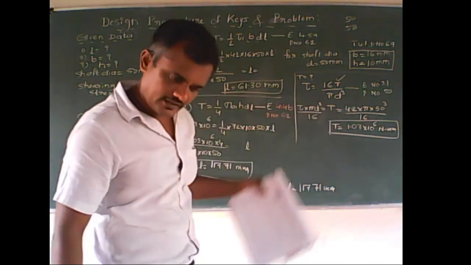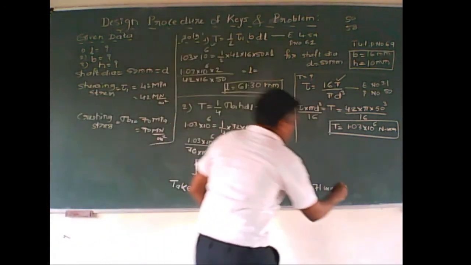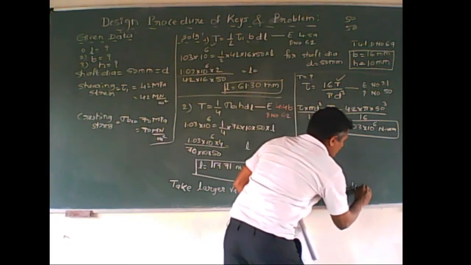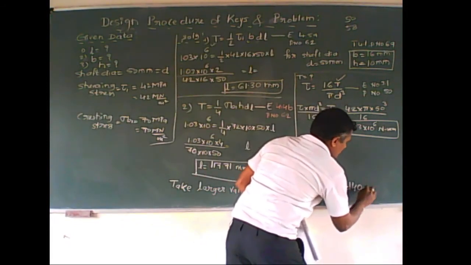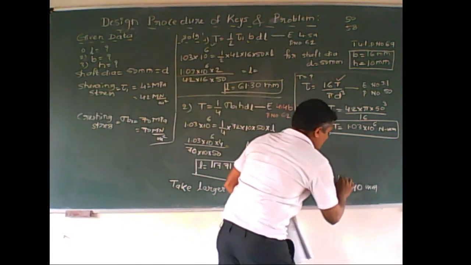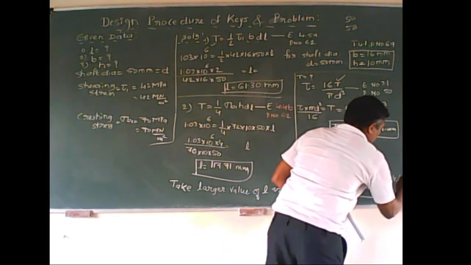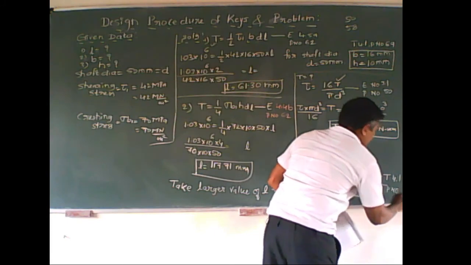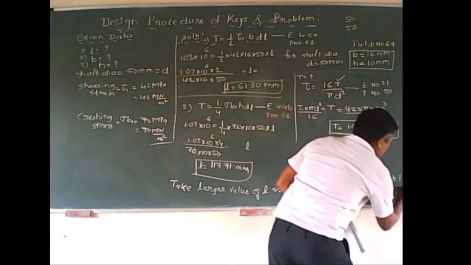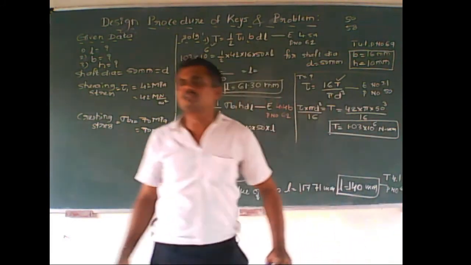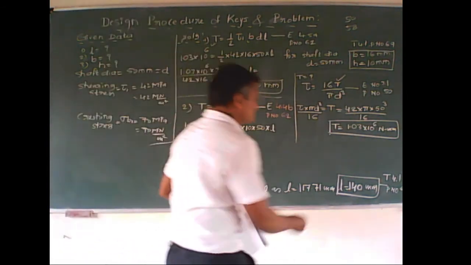You can take it as 140. L is equals to 140 mm, for which you can write the table number. Table number is 4.1. Page number is 69. This is the answer.